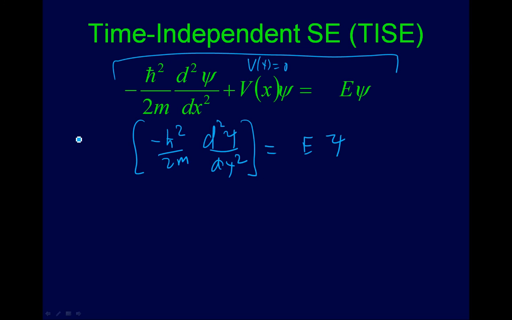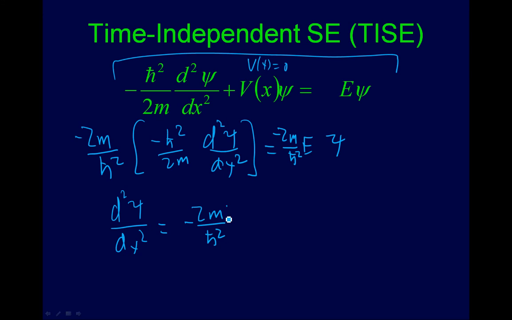So we're going to take this and multiply by negative 2m over h bar squared. Over here, of course, what that does is it cancels everything out. And so we have the second derivative d squared psi dx squared, and that's going to equal negative 2m over h bar squared times E times psi. It's the same equation as over here, we just rewrote it.